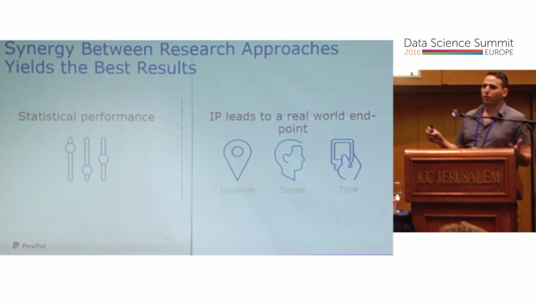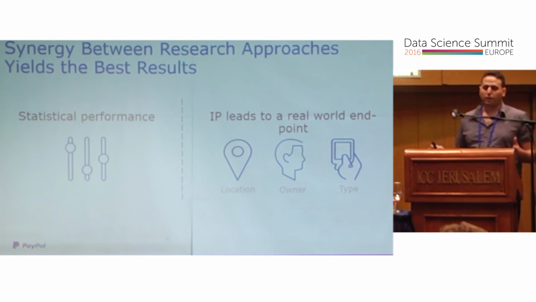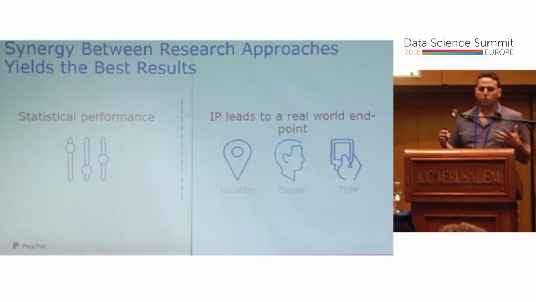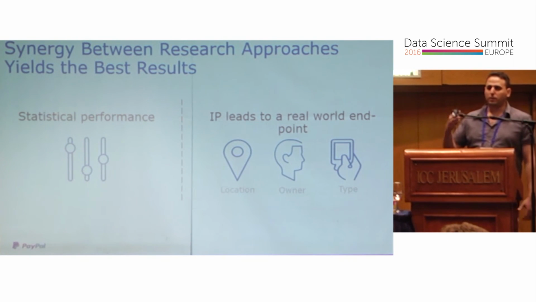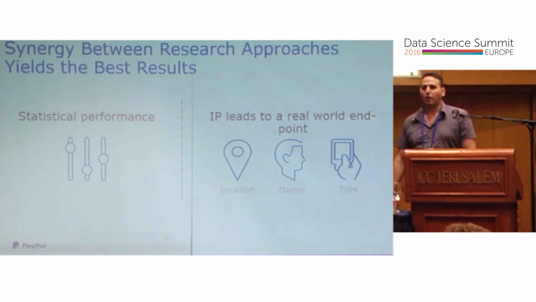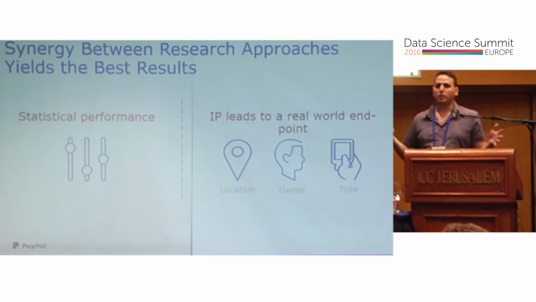So how do we develop IP intelligence? We combine two approaches. The first approach is to directly build variables and correlate them with fraud. For example, looking at how many users use a certain IP in a certain window in time.